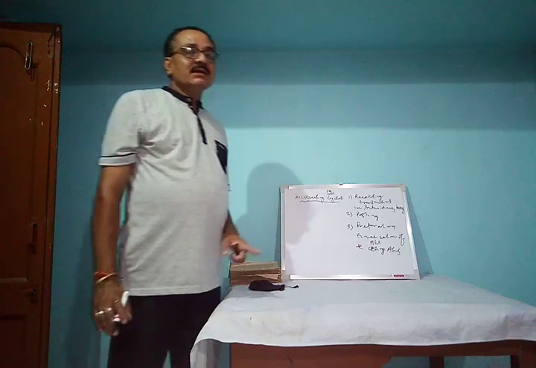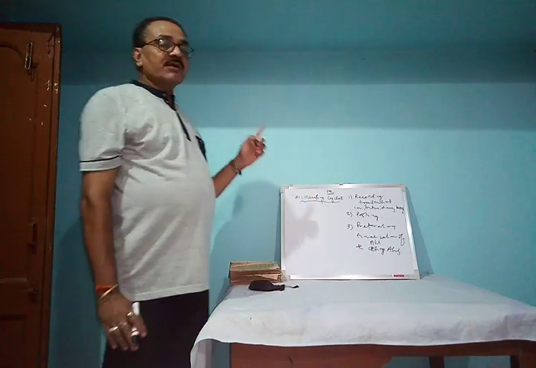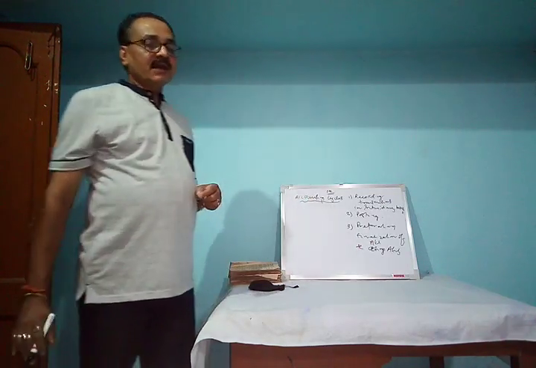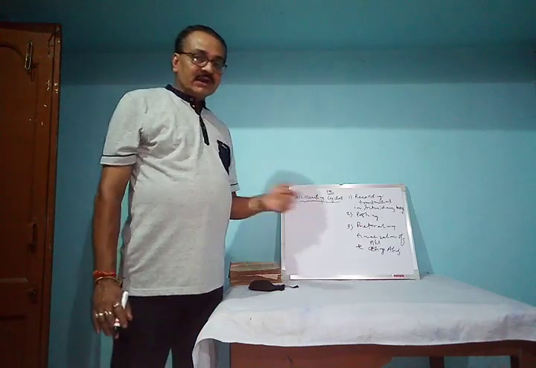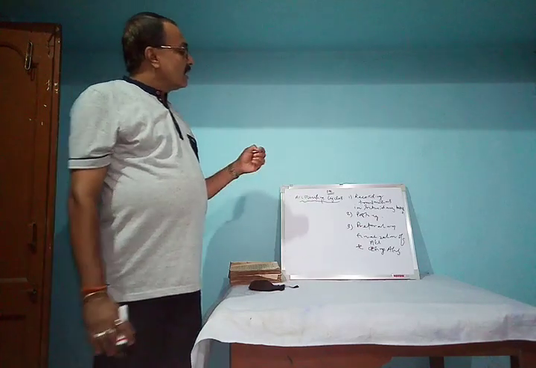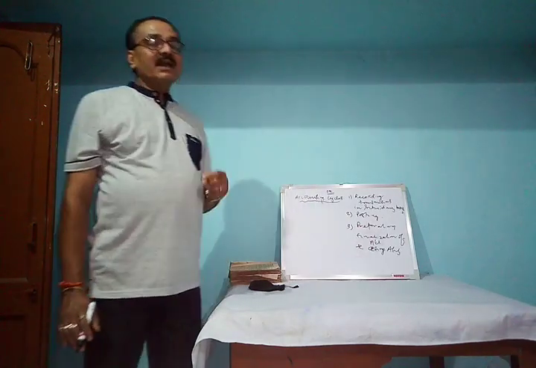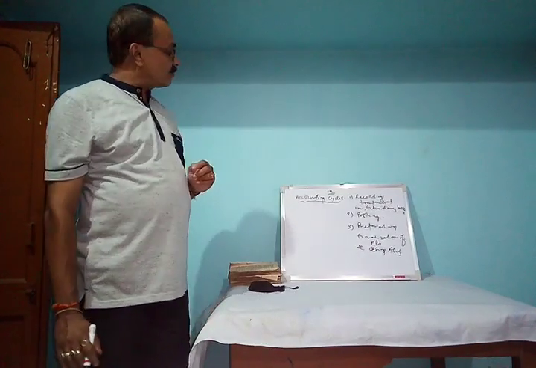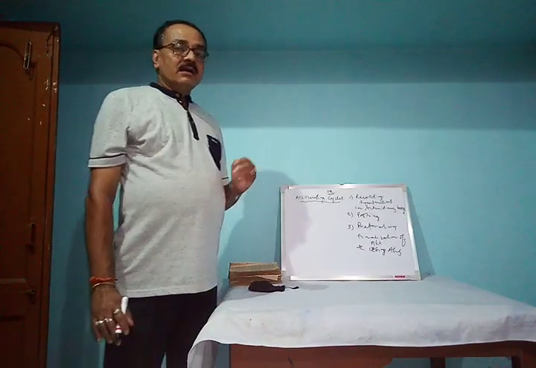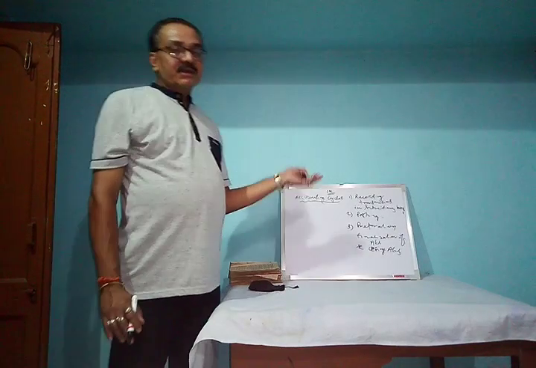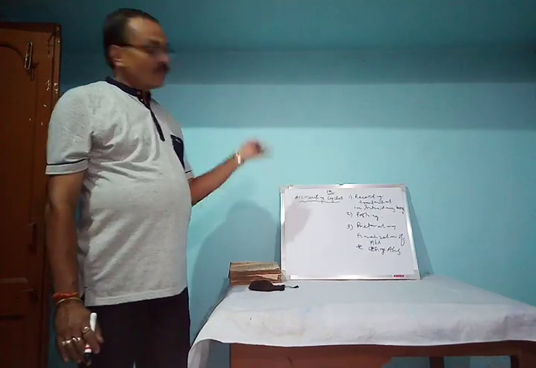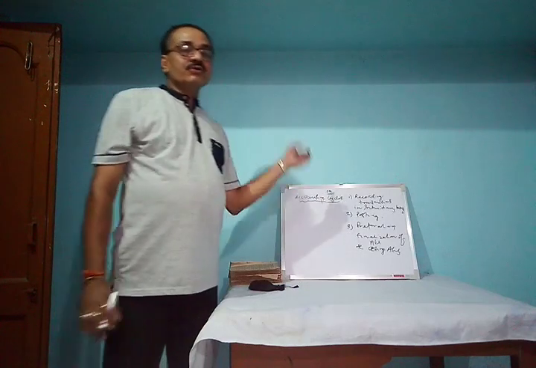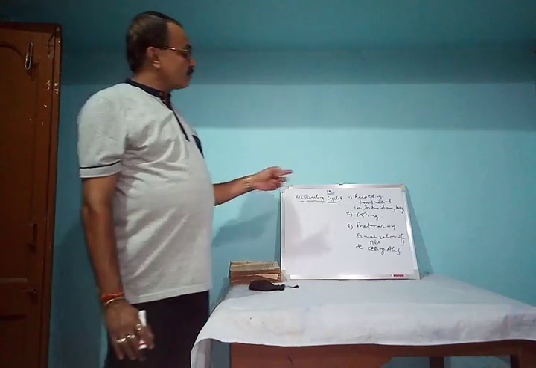Number 1 is general ledger, which contains almost all the data regarding real accounts and nominal accounts. And in personal ledgers, all the parties' information or particulars of the parties are to be maintained. So that shifting of data from your subsidiary books to respective ledgers is called posting.